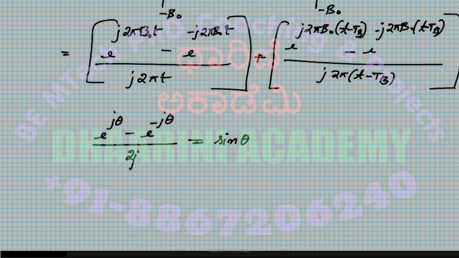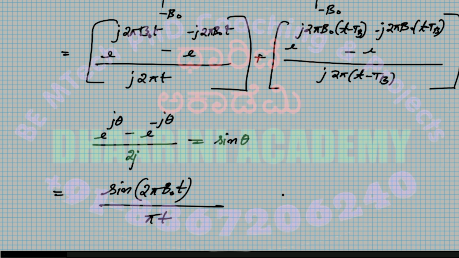So when I see a 2j over there, I can definitely substitute in this way. e to the j theta minus e to the minus j theta by 2j. Okay, let's try to substitute. So this is equal to this. I can simply write sine theta. So I can write sine of 2 pi B naught t, divided by, since 2j has gone, only pi t.